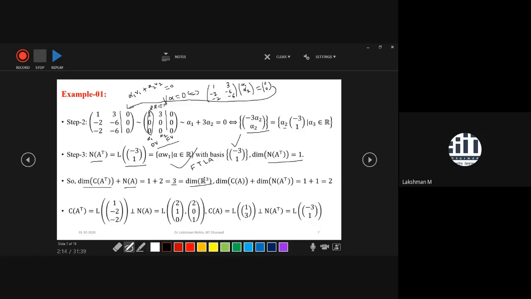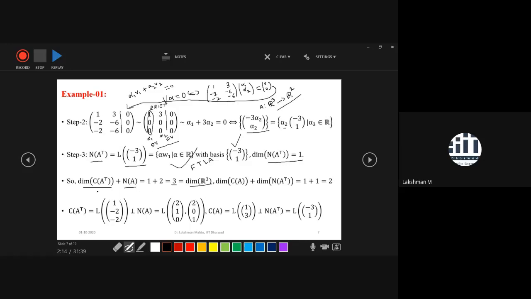Remember that A was a 2 by 3 matrix. If A is a 2 by 3 matrix, it is associated with a linear transformation which maps R3 to R2. That means the domain of matrix A is R3, and the target space of matrix A is R2.